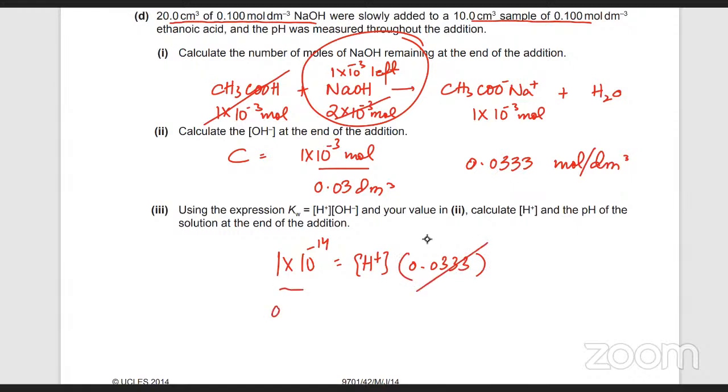So take the 0.0333 to the other side and find the pH now. What do you get for pH? That's 12.5.